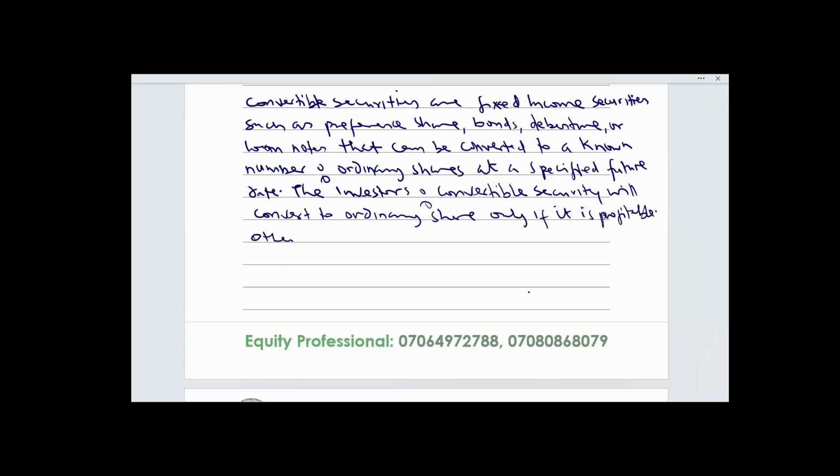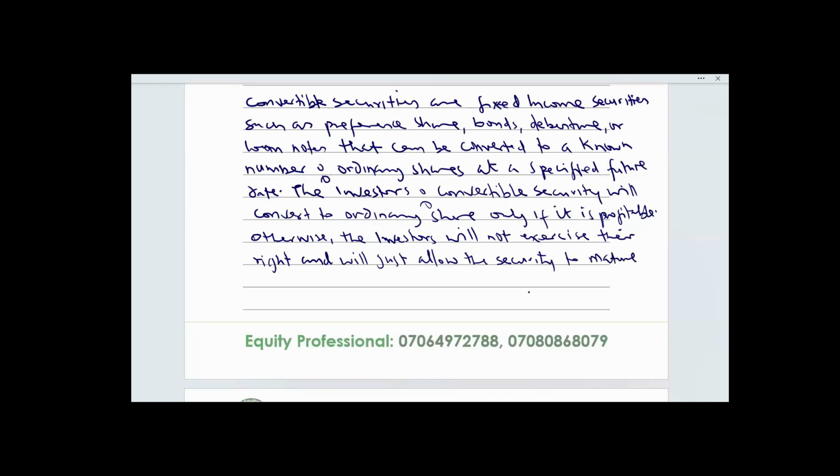Otherwise, the investors will not exercise their rights and we just allow the security to mature and then redeem it.